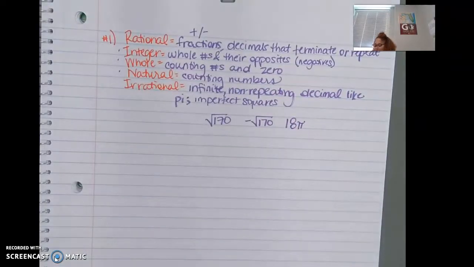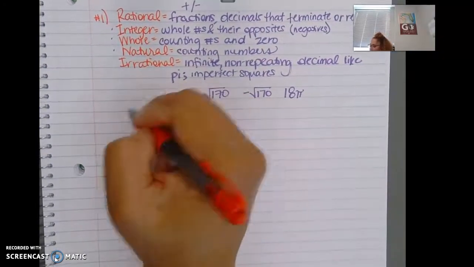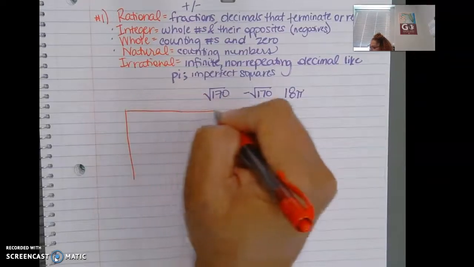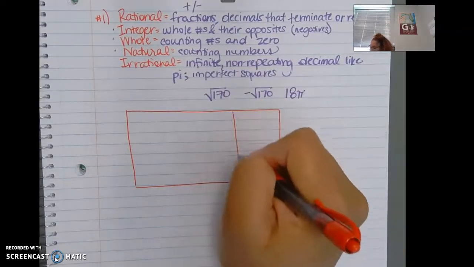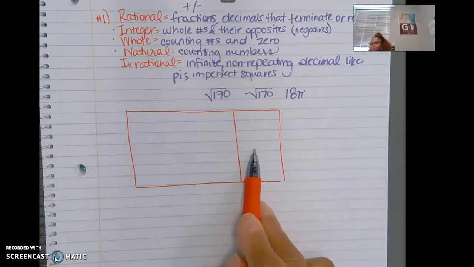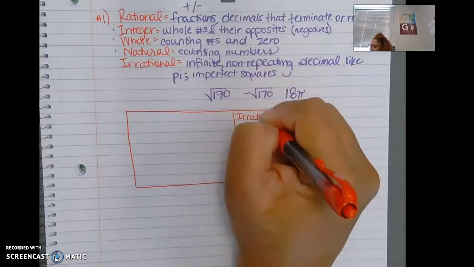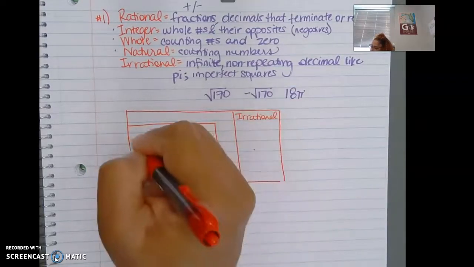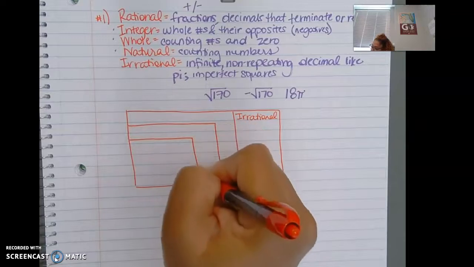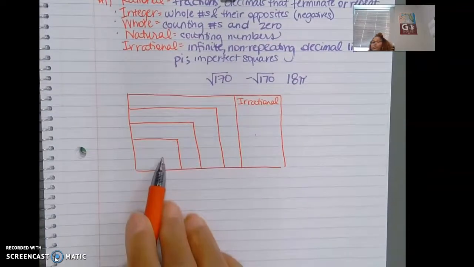So now looking at the numbers that I have listed in a chart on number 1, I need to list them and talk about where I would put them in this diagram. Do you remember this one? What goes over here? Irrational. And then I've got some concentric groups over here. What goes inside?